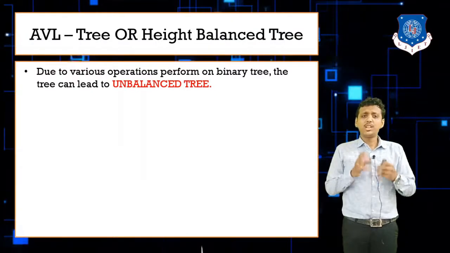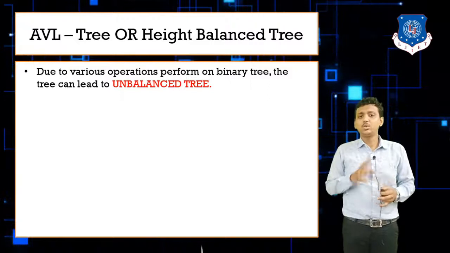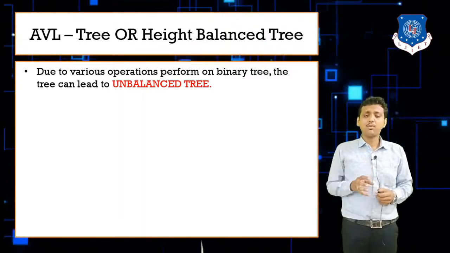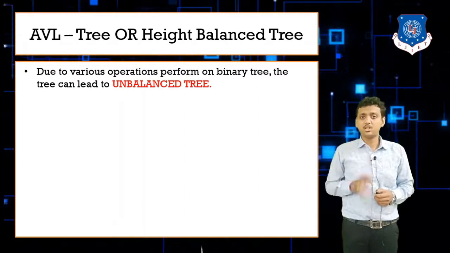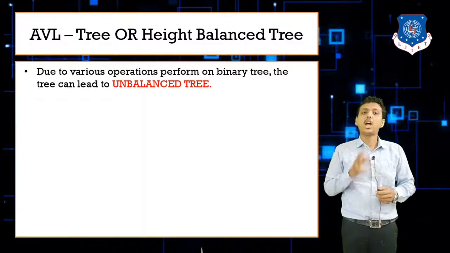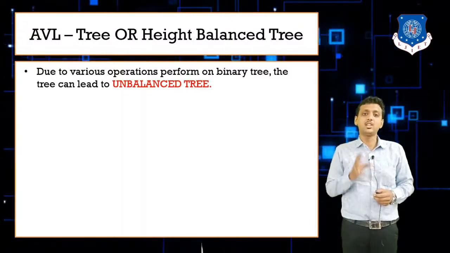Due to various types of operations performed on the binary tree, the tree can become unbalanced. Students, we perform insertion and deletion operations on a binary search tree. In our previous sessions, you have already learned how to do insertion and deletion on a binary search tree.